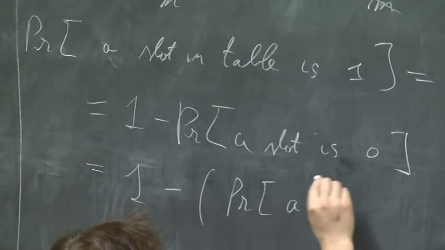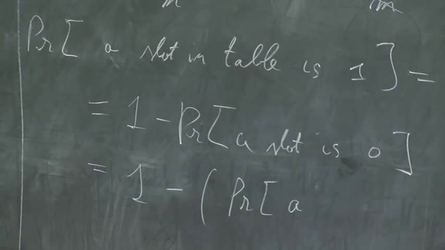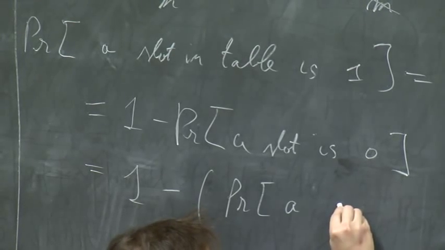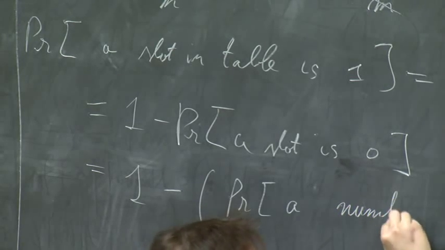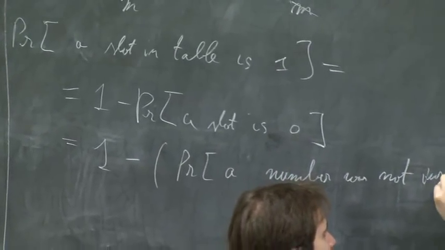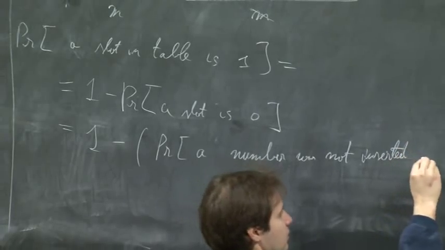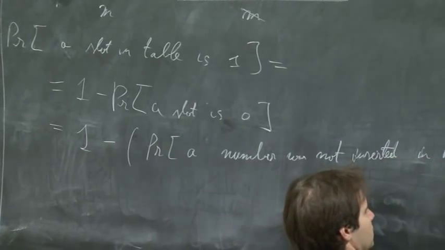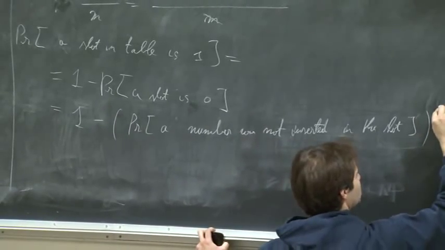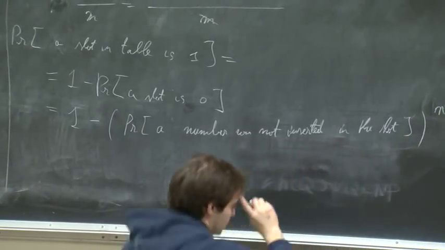A slot is 0 means that no number was inserted in it. We're inserting n numbers. So it's the probability that a single number was not inserted in the slot, raised to the power of n.